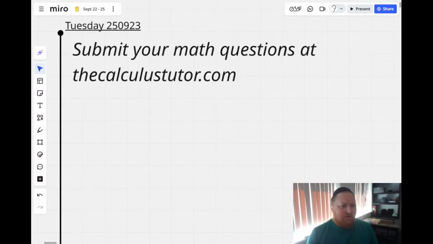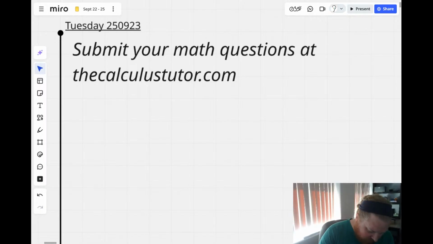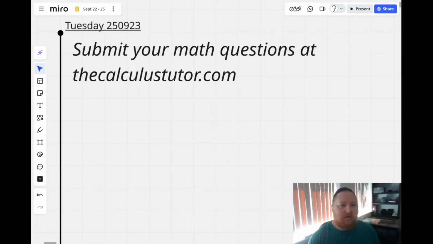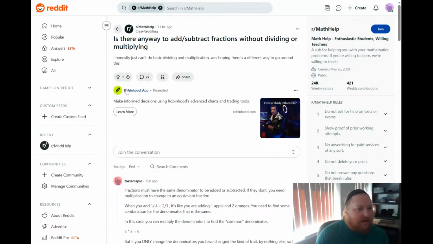Ooh, look at this question. Is there any way to add or subtract fractions without dividing or multiplying?